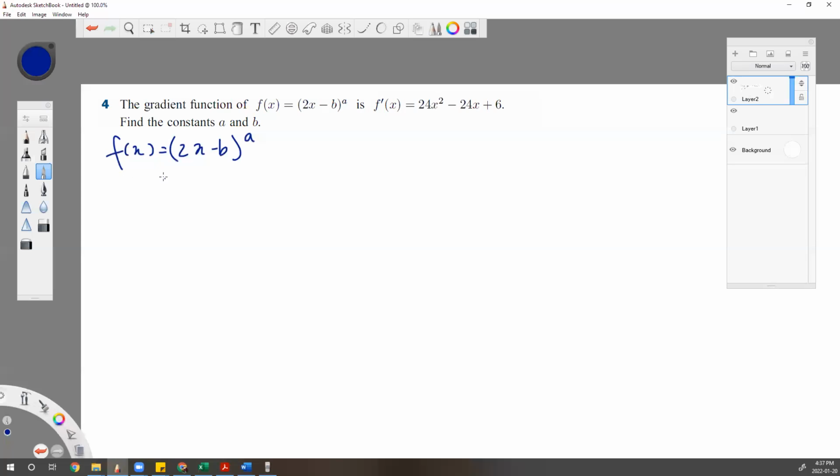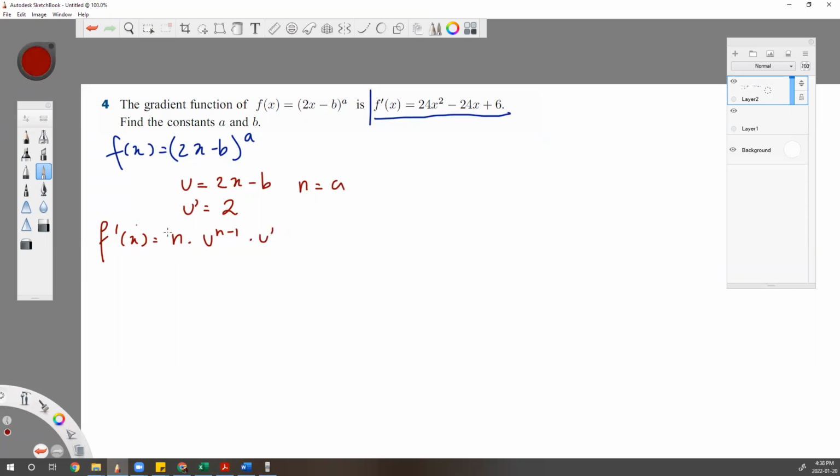Okay, so for f of x, the gradient is given, so you need to find the A. I don't think you need to look at this first. Slowly look at step 1. The gradient you need to derive. So u equals 2x minus b, and u accent will be 2 because b is a constant. The derivative of a constant is always 0, and n equals a. So f accent of x has to be n times u to the power of n minus 1, times u accent.